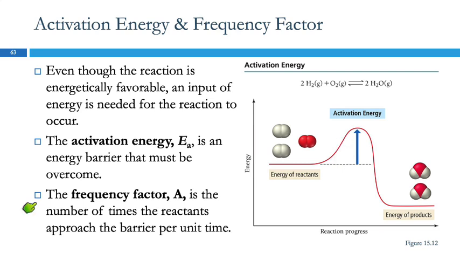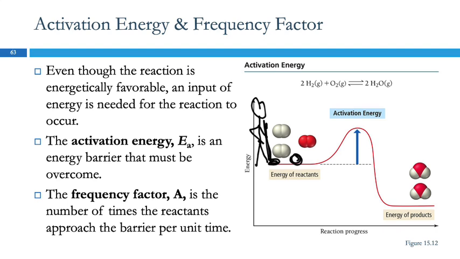And then the frequency factor is the number of times the reactants approach the barrier per unit time, usually per second. I don't have a better analogy than miniature golf. So this kind of looks like a miniature golf course to me. So here if you've got your person holding their golf club, there's the golf club, right?